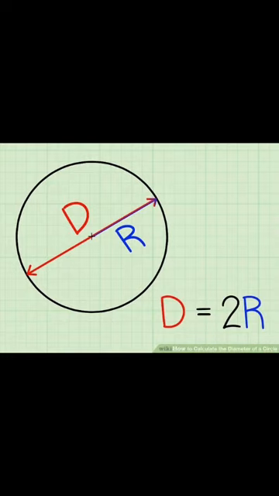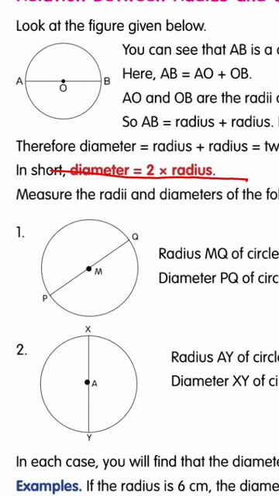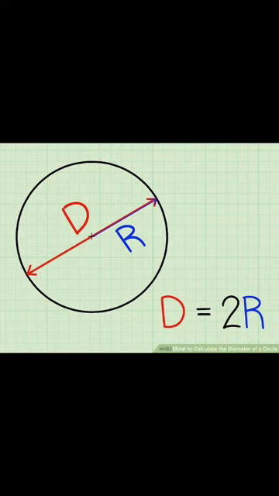That means 2 times. Hence we get our relation. Diameter is equal to 2 times the radius. This is the required relation. So D is equal to 2R, where D is the diameter and R is the radius.